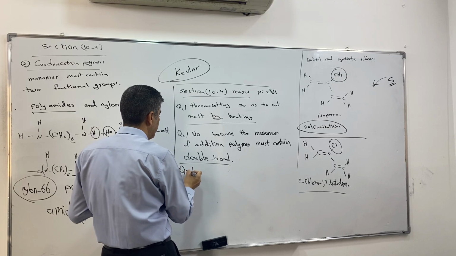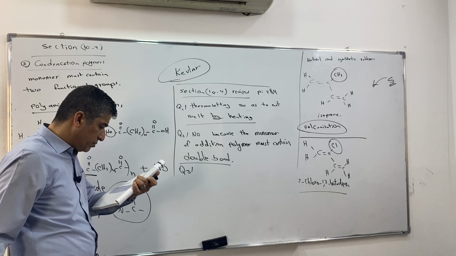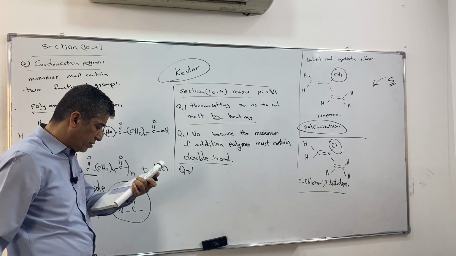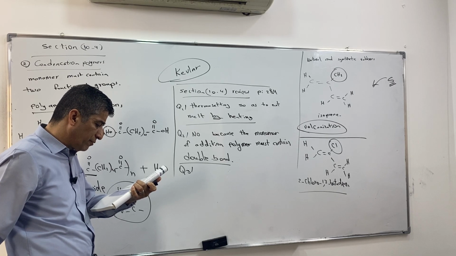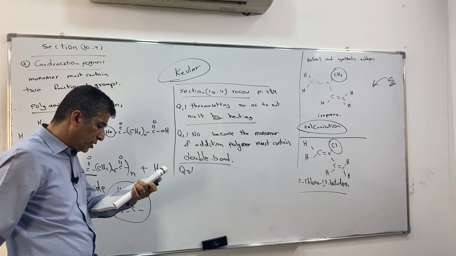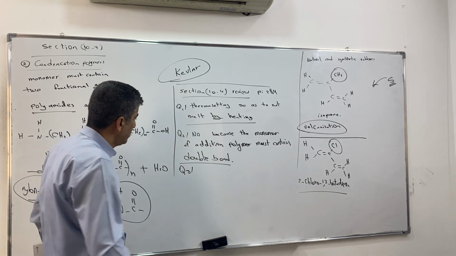Question 3: make a simple diagram. Question 4: why can a molecule with only one functional group not undergo the condensation reaction to form polymers?